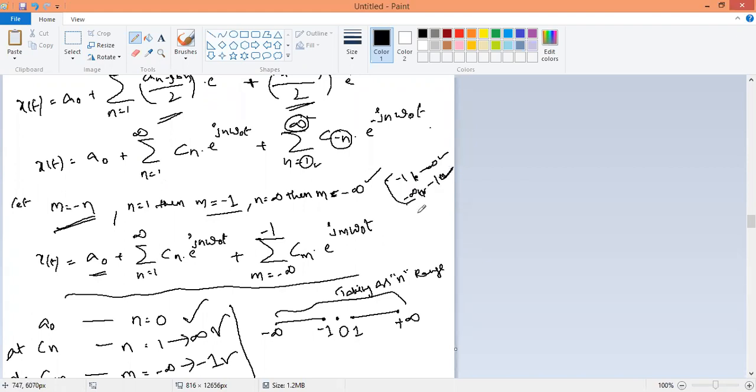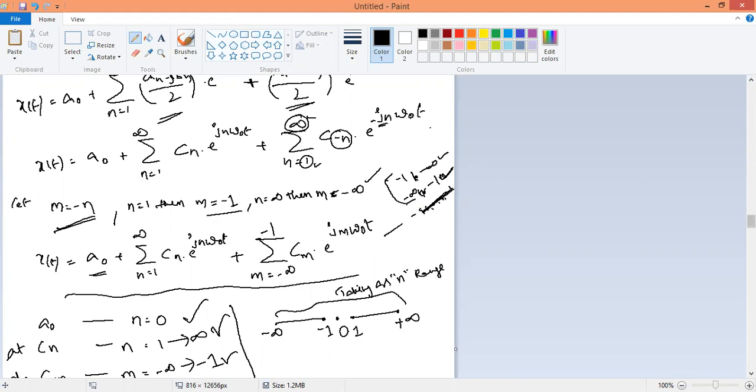Why? Because minus 99, minus 98, minus 97, in this order only the values will come. So m equal minus infinity to minus 1. Substitute the m value instead of minus n: Cm into e power j m omega naught t.